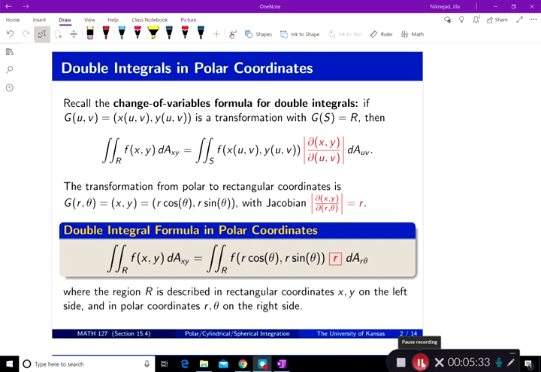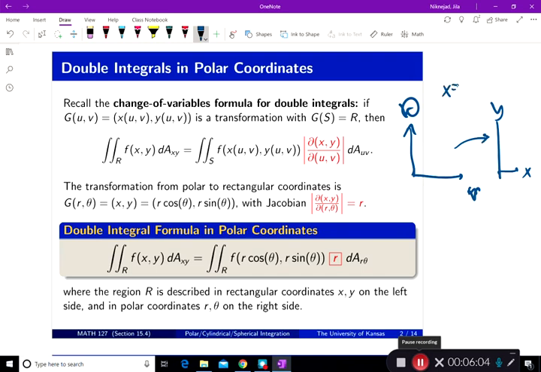Now we're thinking about the transformation from polar to rectangular coordinates. So u and v are here, r and theta, and g takes them to x and y, defined by x equal to r cosine theta and y equal to r sine theta.